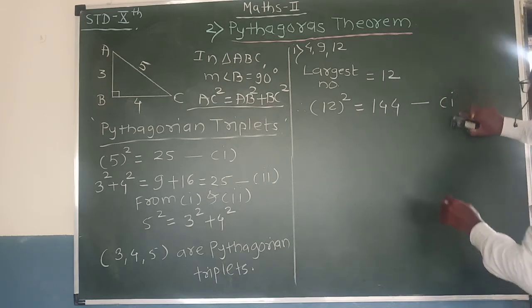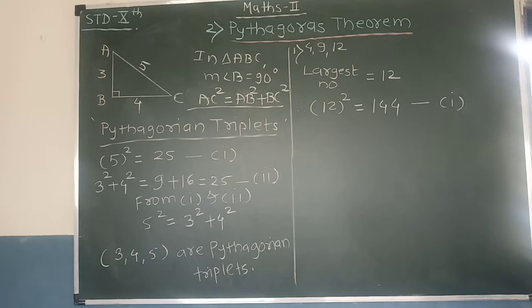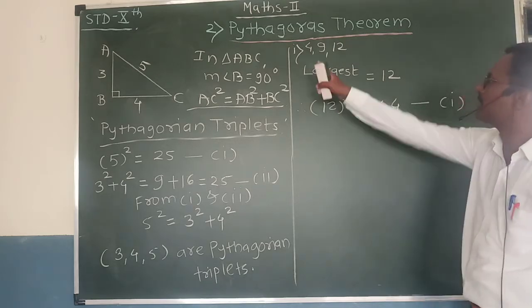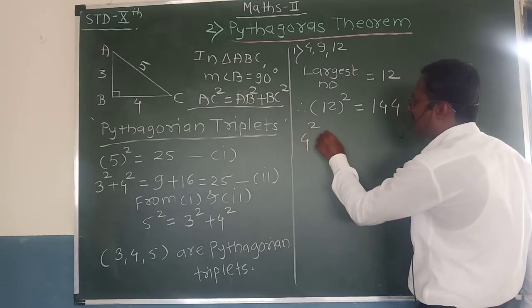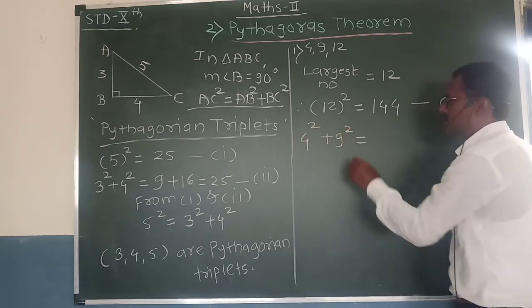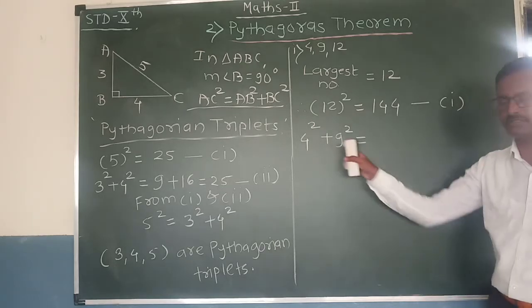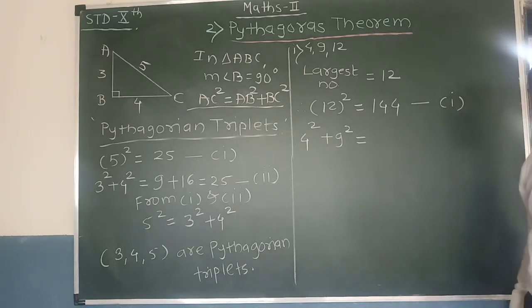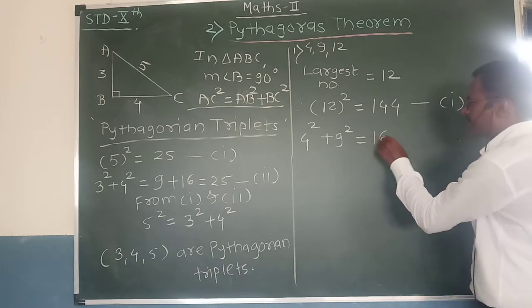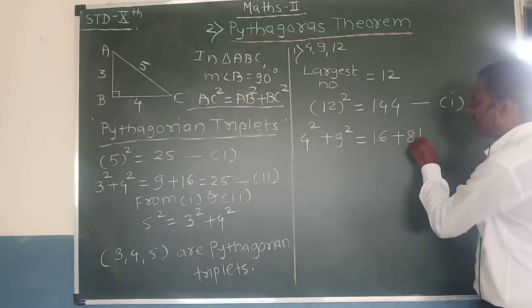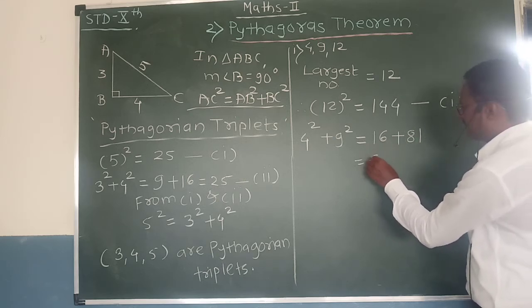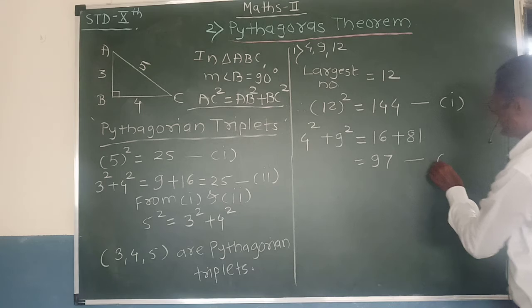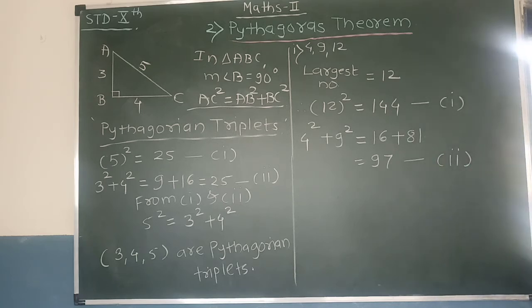Now, the sum of the squares of the remaining two integers, that is 4 square plus 9 square. 4 square is 16 plus 9 square is 81. You get the addition as 97, as equation 2.